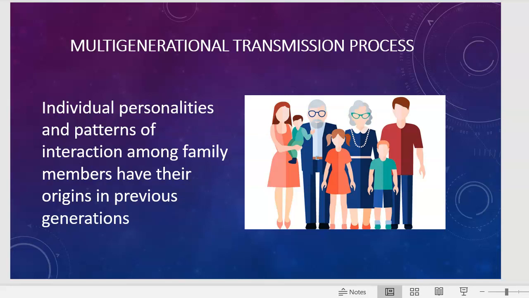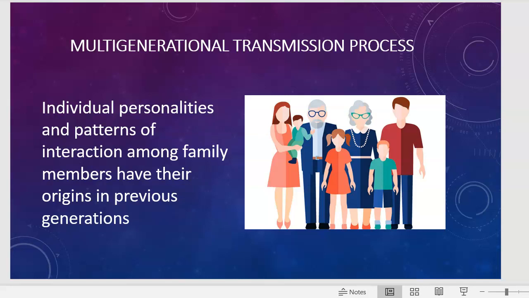That means that parents are going to transmit those dynamics to their own children. So in that way, there's an intergenerational or multi-generational transmission process, and the children are impacted by previous events.